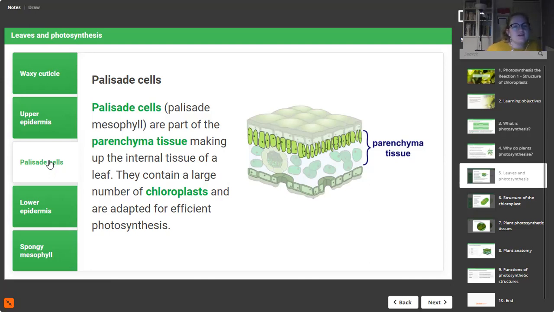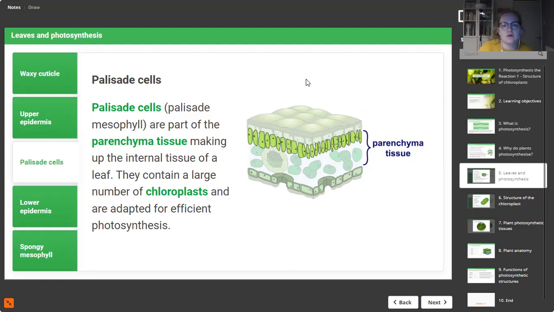The palisade cells contain a large number of chloroplasts, and they are adapted for efficient photosynthesis. We're going to look at the structure of chloroplasts in a lot of detail in a moment, so we don't say much more about palisade cells other than that there are chloroplasts in them. What is quite important is their positioning, and this also helps when you're labelling parts of the leaf structure from images.